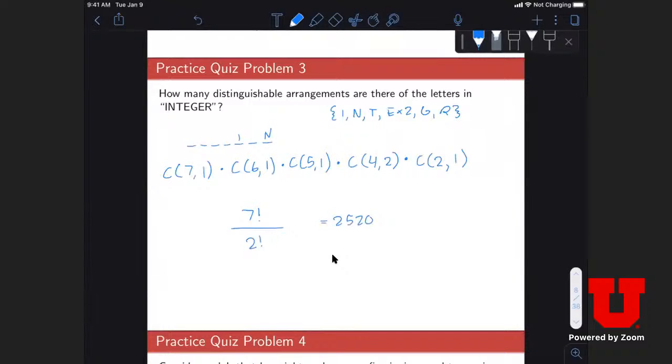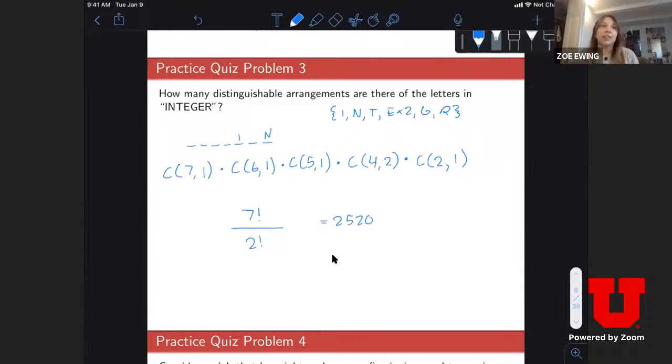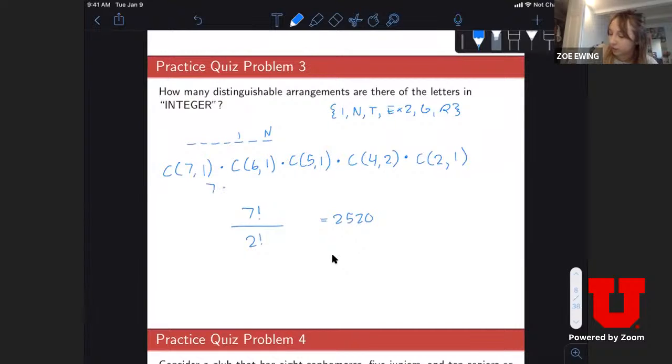Second one that you did works because... why does that work? Why does dividing it by 2 factorial work? That is kind of a complicated question. So basically this turns out to be 7 times 6 times 5 times 6 times 2.